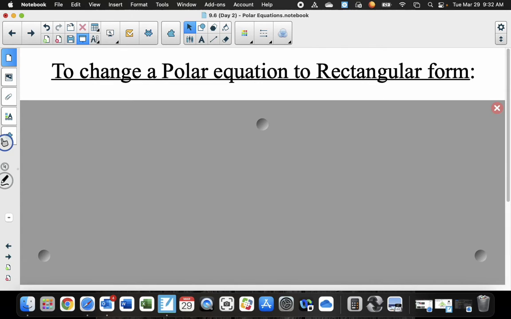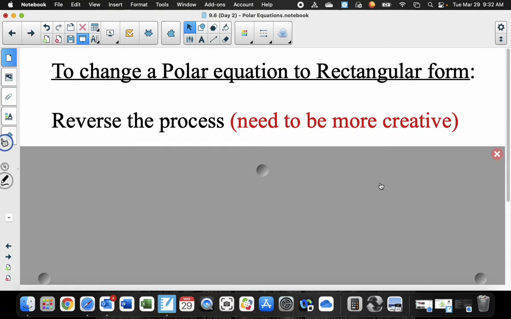Here's the one I told you is a little bit more difficult. In order to change a polar equation into a rectangular equation, go in the opposite direction. If you have r's and thetas and you're trying to get back to the x's and the y's, trying to get back to what you're used to, first off, we're reversing the process. You have to be a little bit more creative on this one.